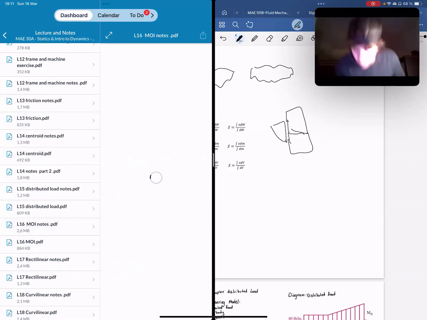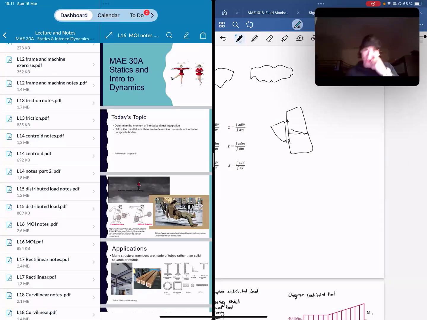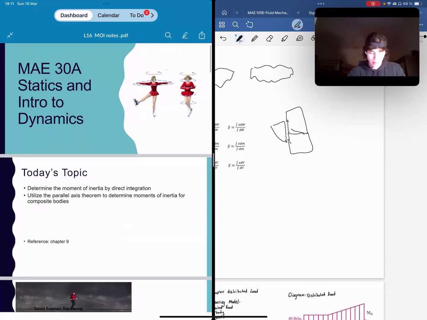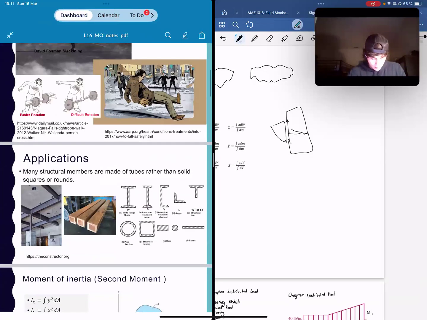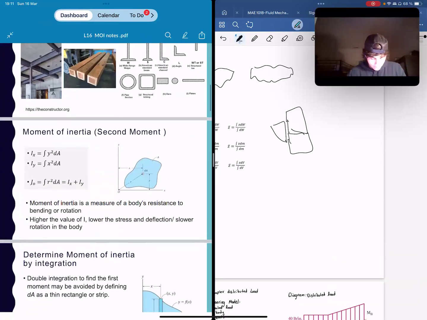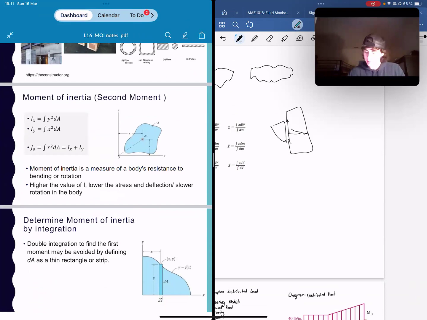Lecture 16 is moment of inertia, so it's the double integral of the moment. I do remember a lot from the professor in class that he did the example of applying a force at the tip of a pin that has a rectangular shape or a T shape, right?